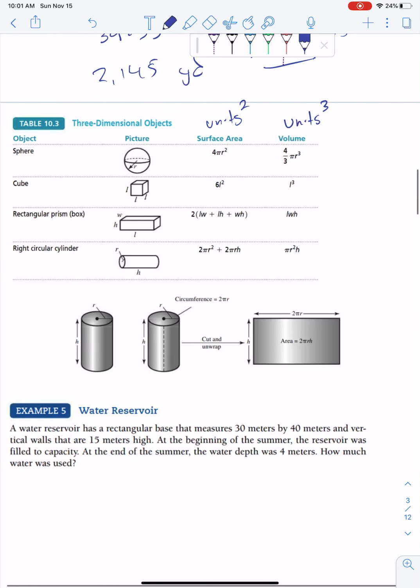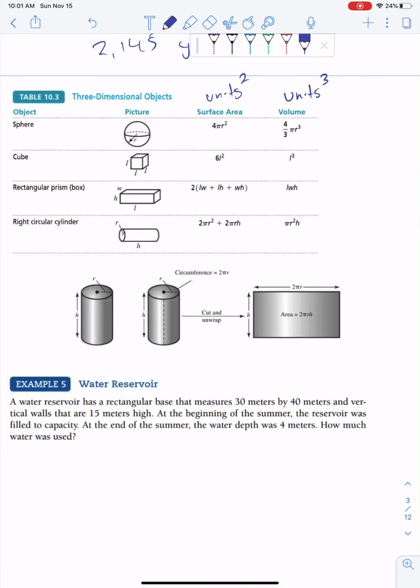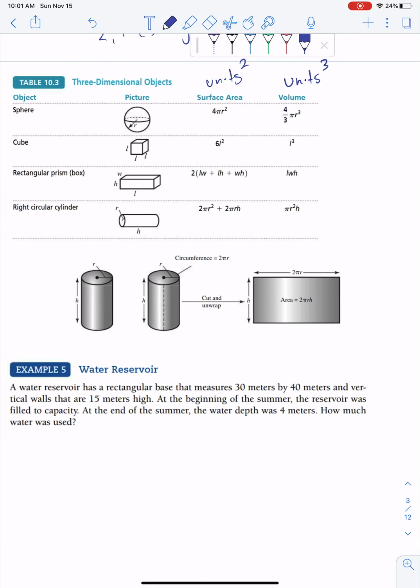All right. So a water reservoir. A water reservoir has a rectangular base. Now, if you've ever had a class from me before where we have done geometry, I like pictures. I think it's foolish to try and do geometry problems without a picture. So as it tells me that my base is a rectangle, I'm going to draw my base as a rectangle.